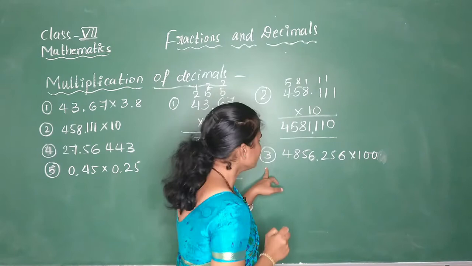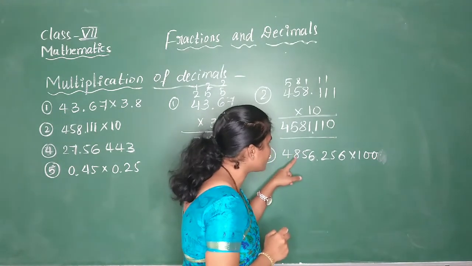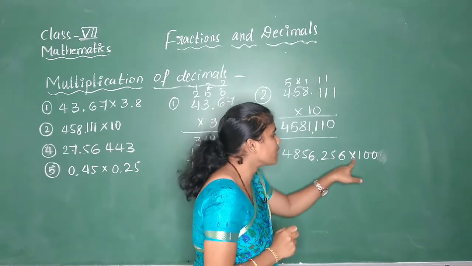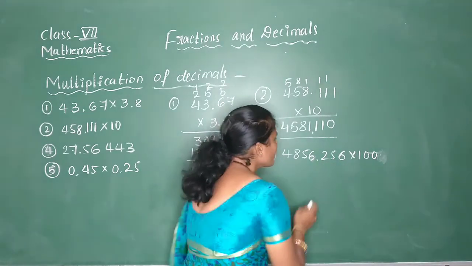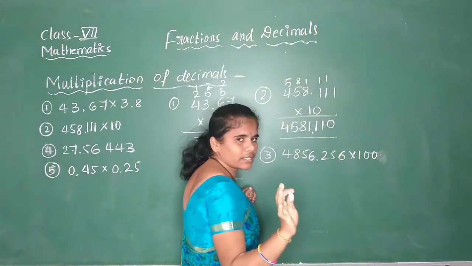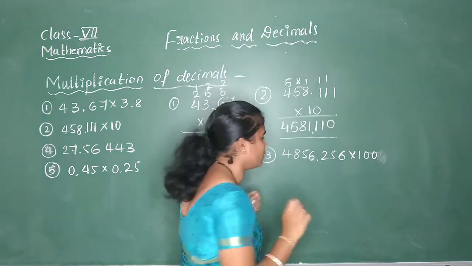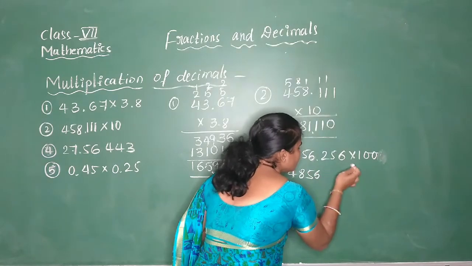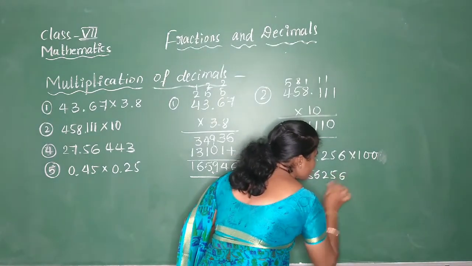See that third example, that is 4856.256 into 100. Here first write the number as it is, only the numbers we have to write here, 4856, and the next numbers are 256.